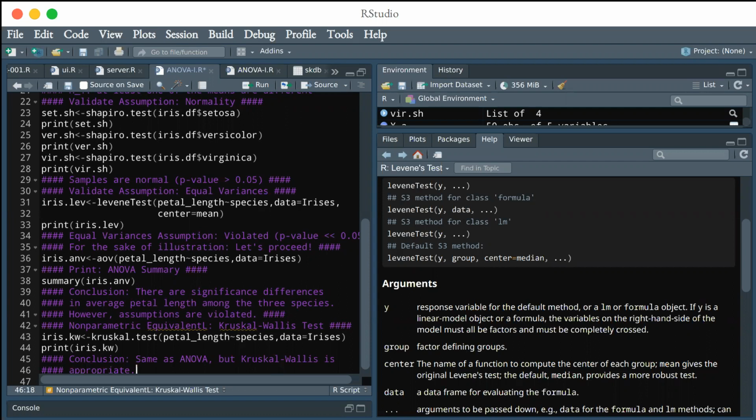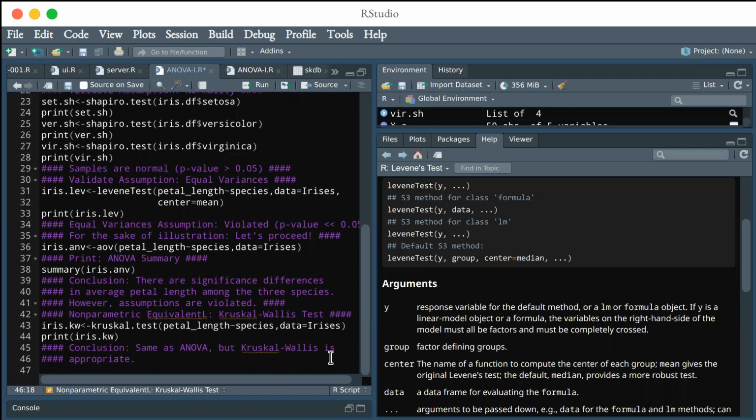The reason being it is non-parametric and it doesn't have assumptions on distribution. It is not picky about variability because median doesn't affect variability. Variances.